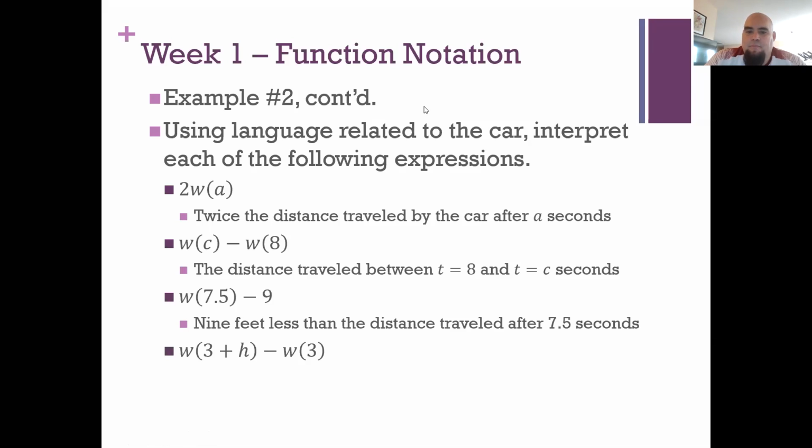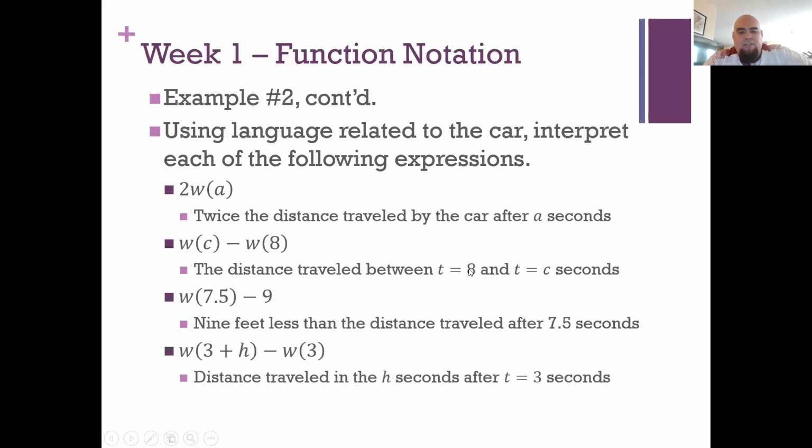Time interval H. Right, the time. So it's not any time interval. It has to be a time interval that's how long? H seconds long. So distance traveled in the H seconds after time equals 3 seconds.